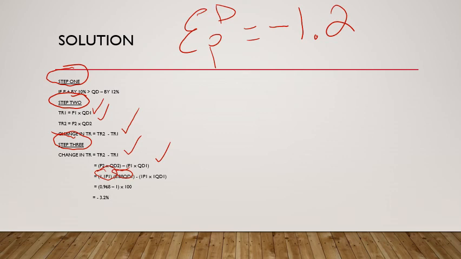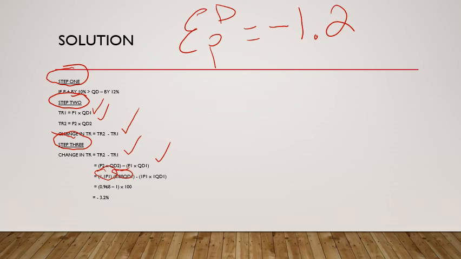So what's the next step? Well, the next step is to multiply, and eventually what we get is 0.968 minus 1, and we have to multiply it by 100. Why do we have to multiply it by 100? Because we want a percent.